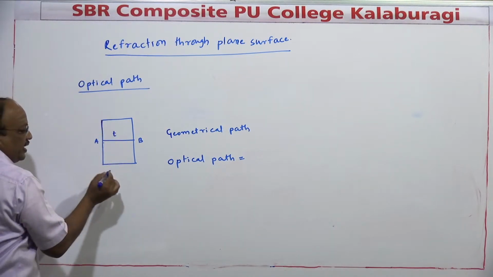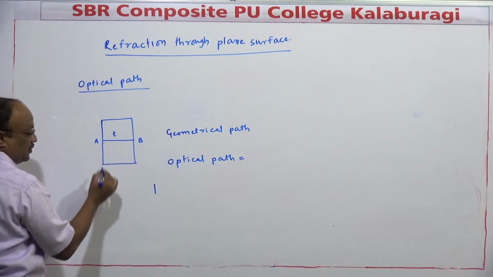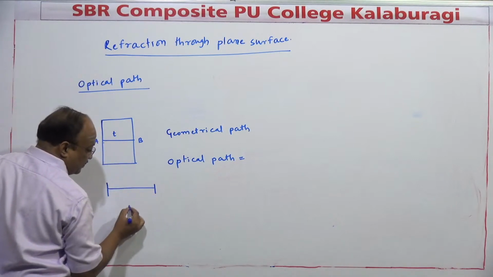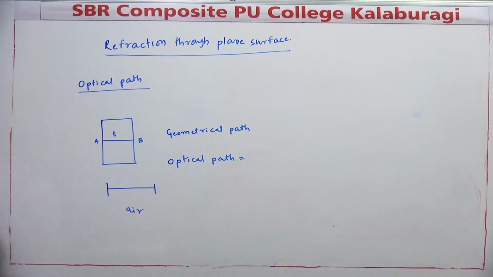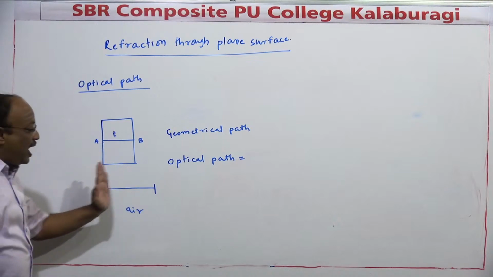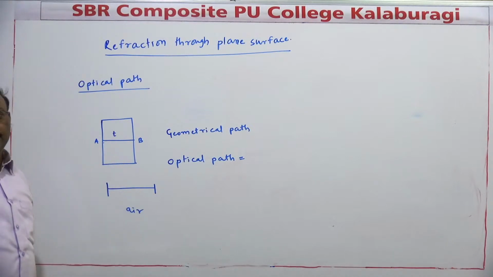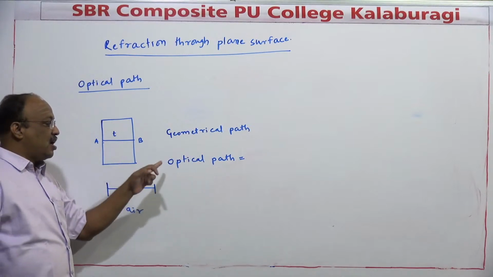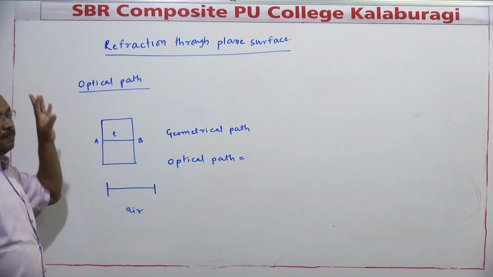If the same ray is made to travel in air medium, what distance is it going to cover? That distance we say is the optical path of this geometrical path.